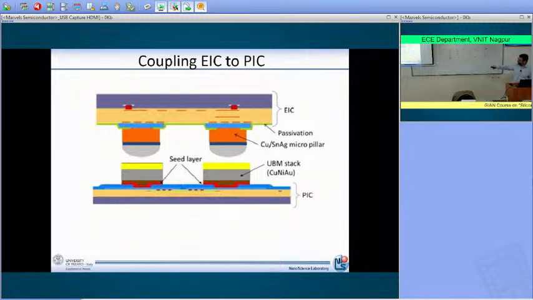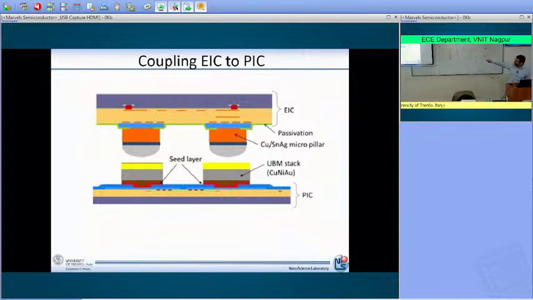So at each node, at each contact point, you have one of these bumps, which is physically pressed at high temperature with the same configuration you have on the photonic integrated circuit in order to make an electrical contact.